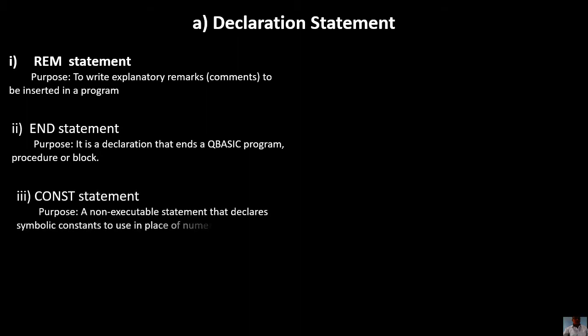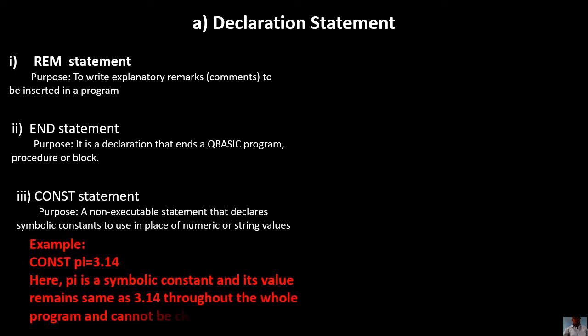Next is the CONST statement. Purpose: a non-executable statement that declares symbolic constants to use in place of numeric or string values. Okay, REM and END we have done before already. So CONST is new for you, that's why here is the example: CONST pi equal 3.14.